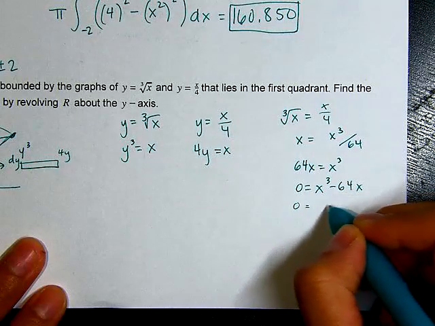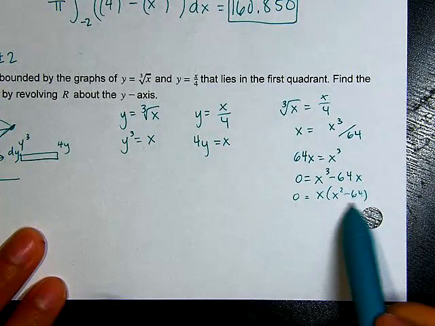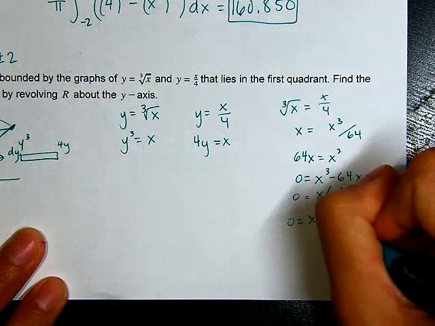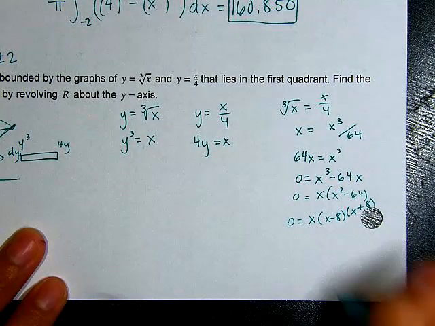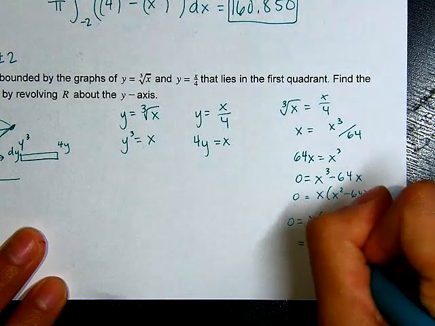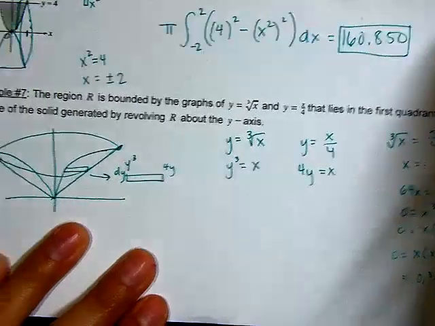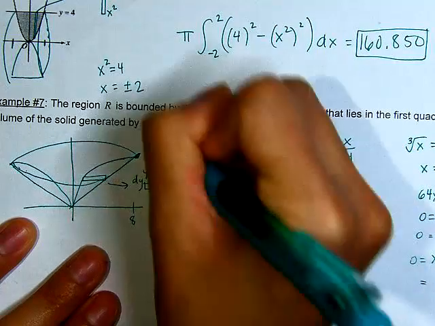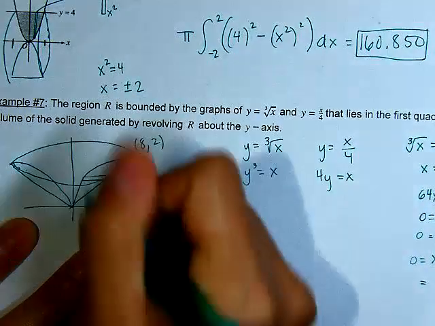I notice here that an x is common in both of them, and if you don't recognize this as a difference of squares, you could still do the x box method. And so you find that these two graphs intersect at 0, 8, and negative 8. Because we're in the first quadrant, we only care about the 0 and the 8. To find the y value, plug it into either equation, and you will get 2 both times.